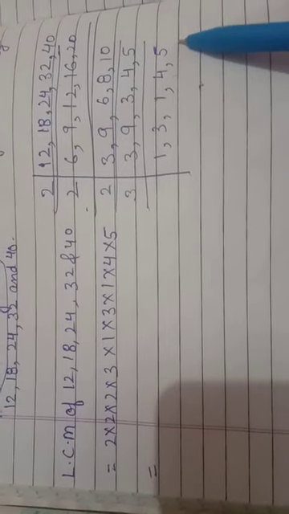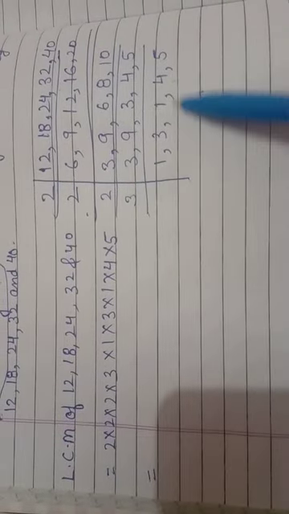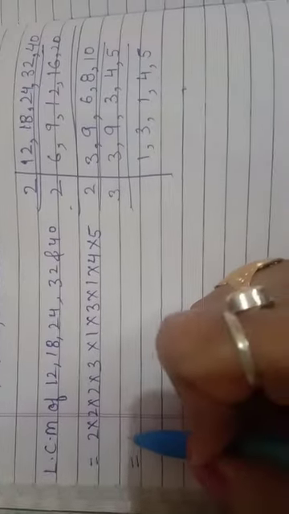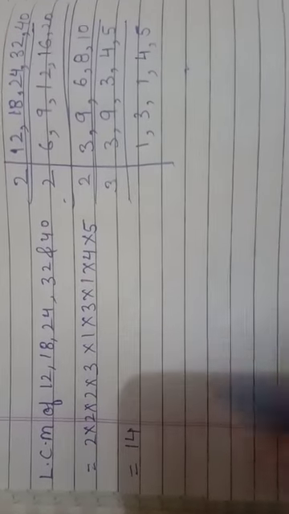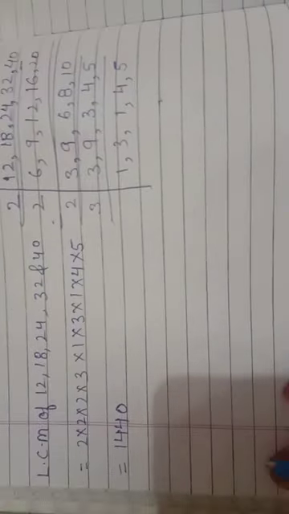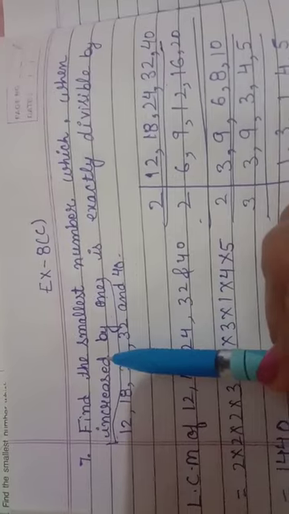We will not check which number is common or not common. We will multiply all the numbers, and after multiplication we will get that the LCM becomes 1440.